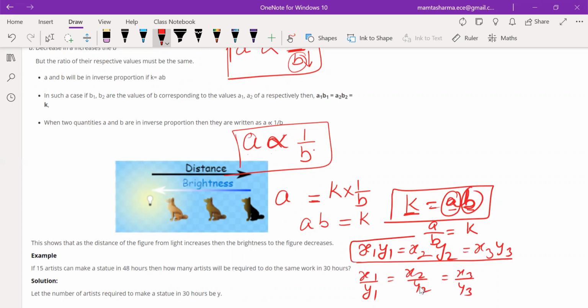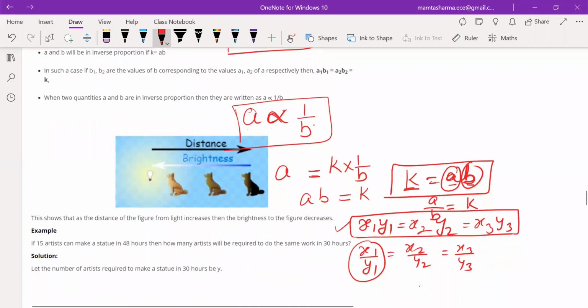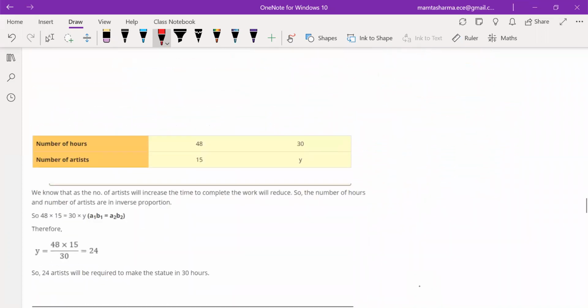Here in the inverse proportion, their multiplication will remain constant. x1 y1 equal to x2 y2 equal to x3 y3. That's it. The pattern will be the same. You have to solve them by the same method. Instead of just taking the ratio, you now have to take the multiplication. Clear? Let's see an example.